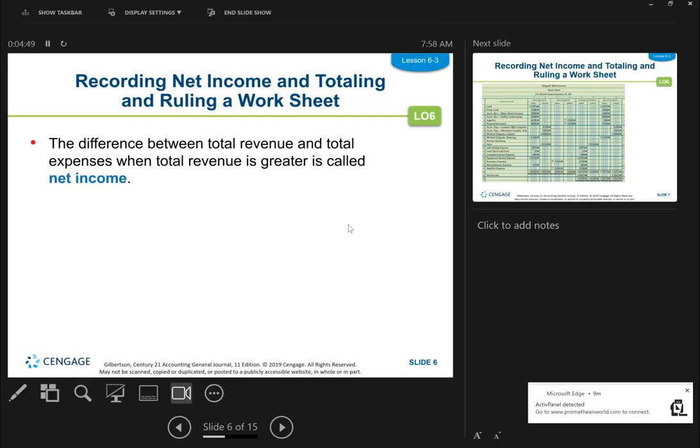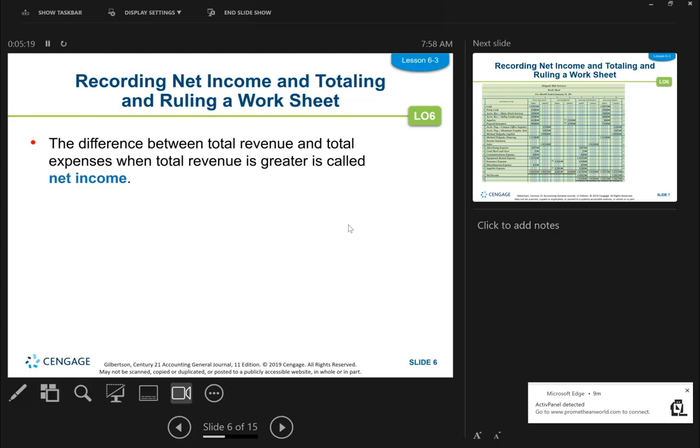Recording net income and totaling and ruling a worksheet. So the difference between total revenue and total expenses, when that total revenue is the greater of the two values, is called a net income.